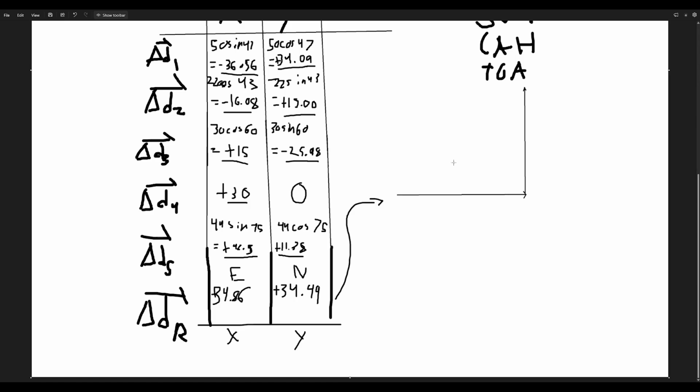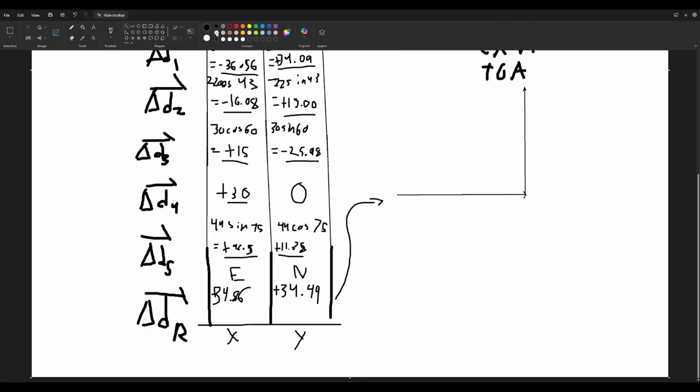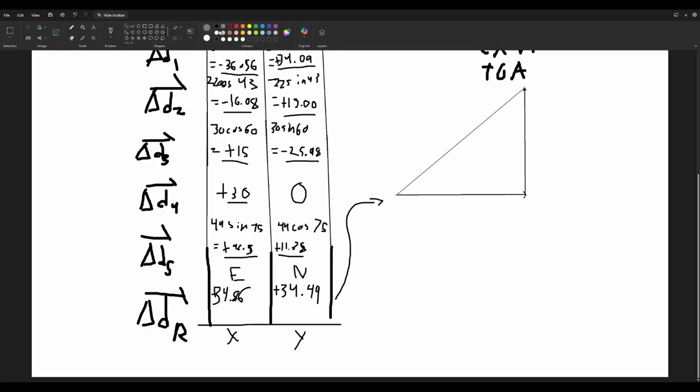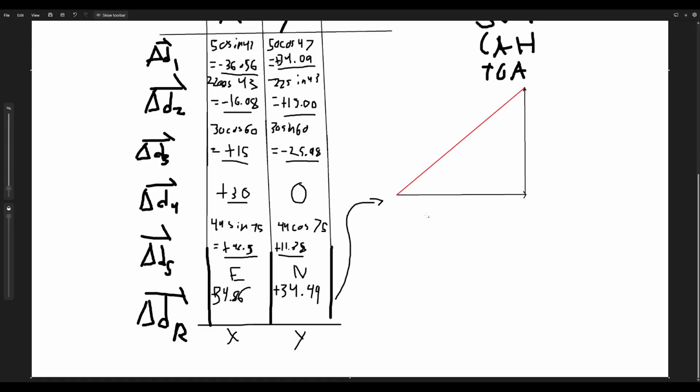And now this is a right angle triangle. So now all we're trying to solve for is this line right here, which is the magnitude of the resultant. So let's label, we know this is 34.86. This is 34.49. Use Pythagoras: a squared plus b squared equals c squared.